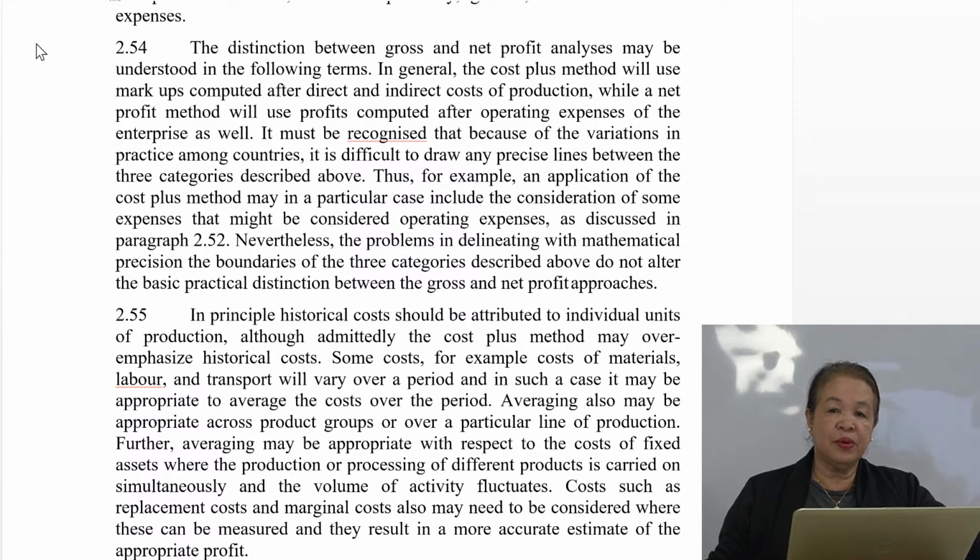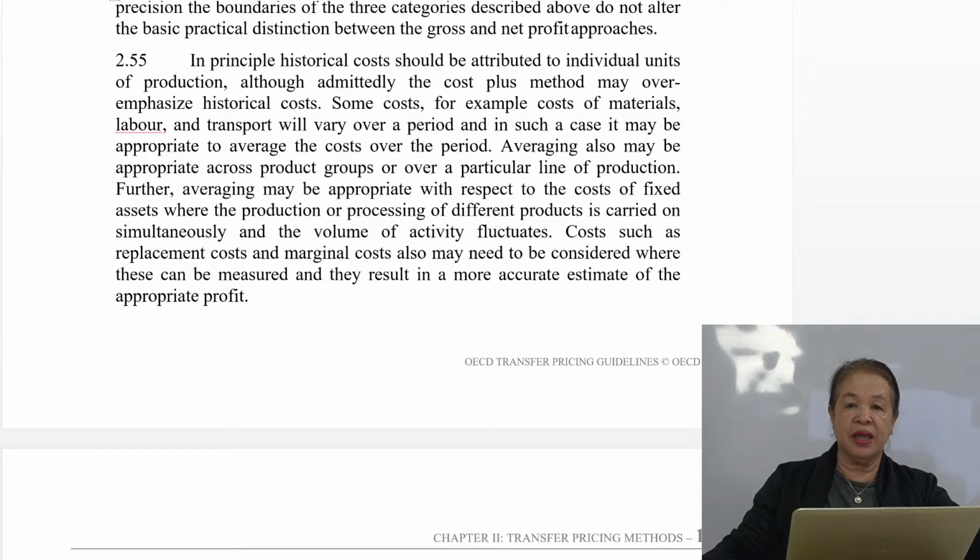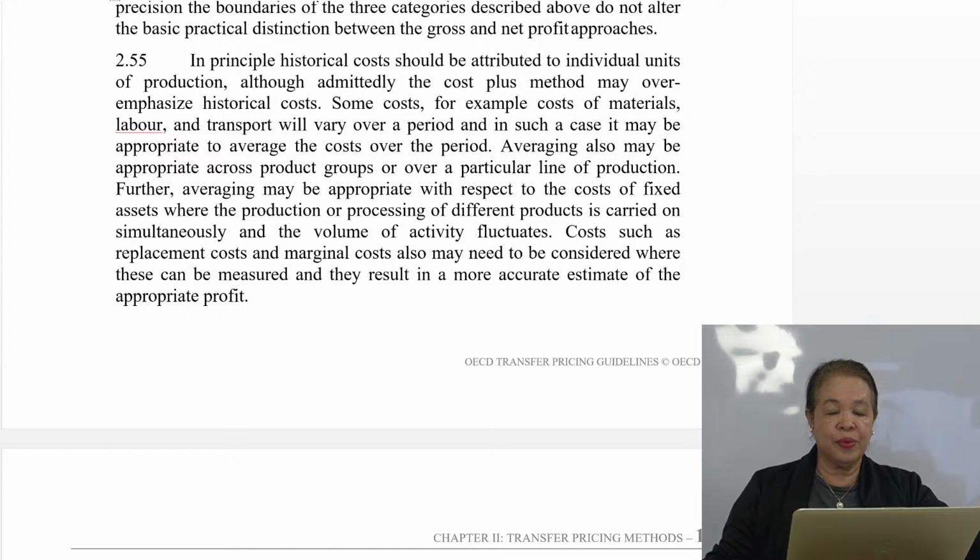So in principle, historical cost should be attributed to individual units of production, although admittedly the cost plus method may overemphasize historical cost. Some costs, for example, cost of materials, labor, and transport will vary over a period, and in such a case, it may be appropriate to average the cost over the period.